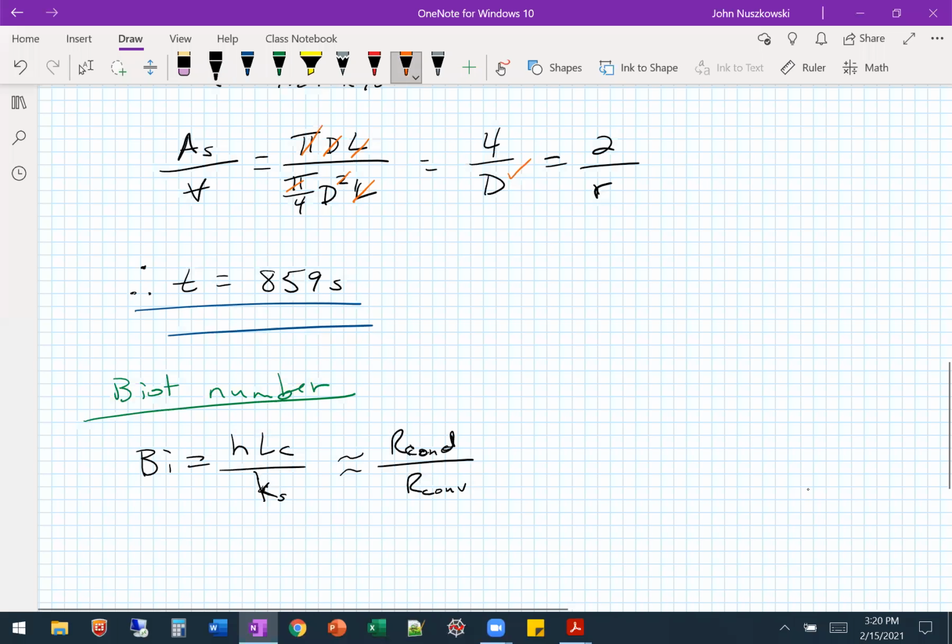So if we look at this, we have h, and we got the thermal conductivity of the solid, of the steel. So then we need the characteristic length. And that just ends up being volume divided by the surface area. We actually just did that above. That is just diameter divided by 4, or radius divided by 2.